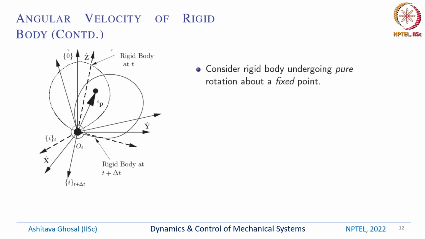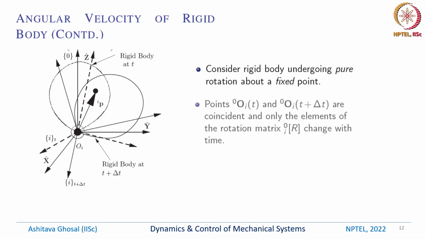One point in the rigid body is fixed and it is not translating. So the points OI at t and OI at t plus delta t are coincident, and only the elements of the rotation matrix change with time.